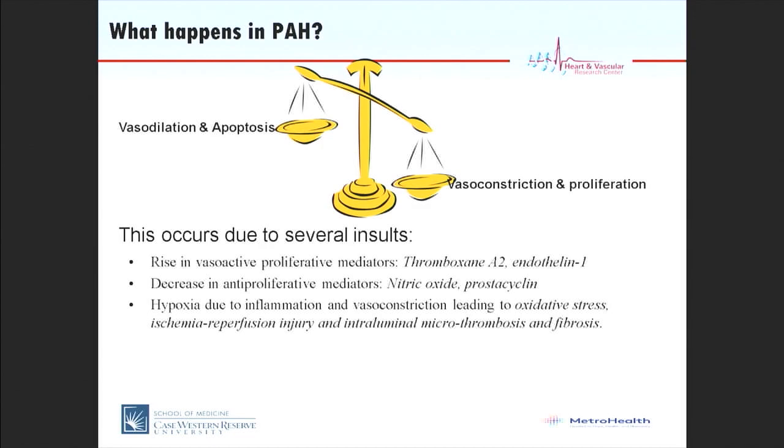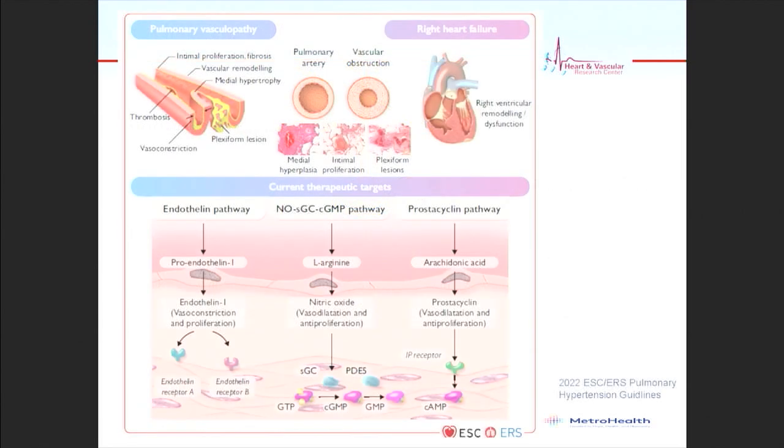There is a decrease in the anti-proliferative mediators such as nitric oxide and prostacyclin. There is a milieu of hypoxemia, inflammation, and vasoconstriction, leading to oxidative stress and ischemia in the pulmonary vascular bed, leading to intraluminal microthrombosis, hemorrhage, and fibrosis. And this depicts the pathophysiology.